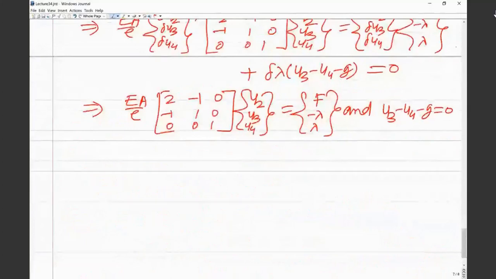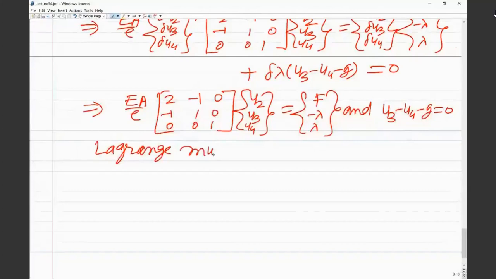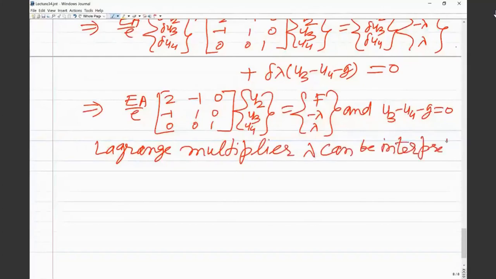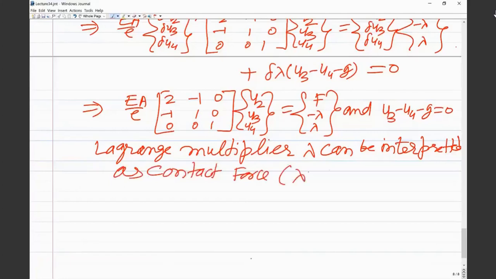So we can say that the Lagrange multiplier lambda can be interpreted as contact force. That is, you can say lambda is nothing but actually FC.